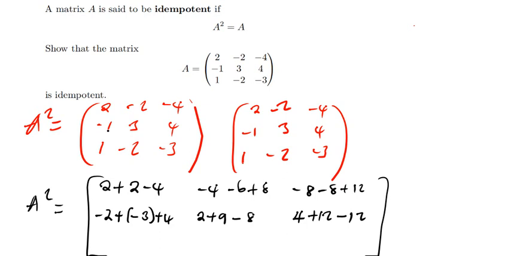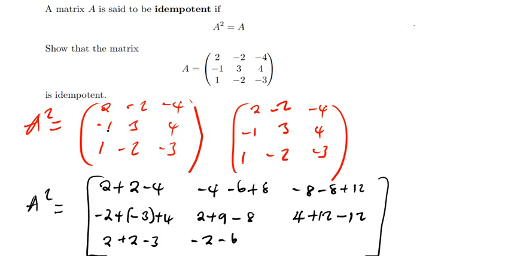Okay, next is the third row by the first column. So now we have 1 times 2, that is 2. Then negative 2 times negative 1, that is positive 2. Negative 3 times 1, negative 3. Then the next column: 1 times negative 2, that is negative 2. Negative 2 times 3 is negative 6.